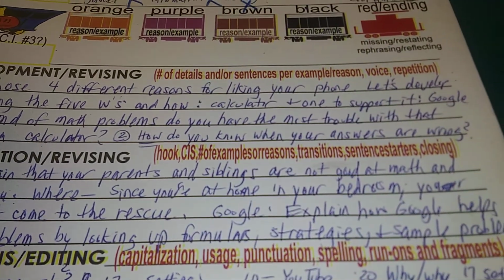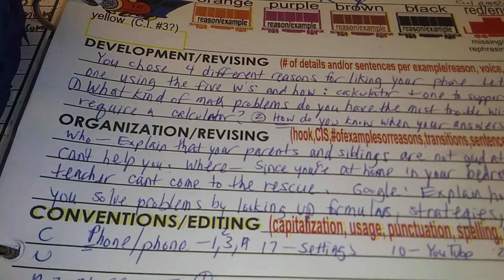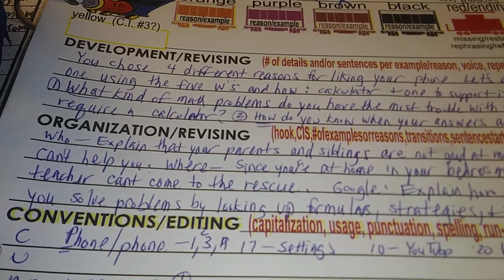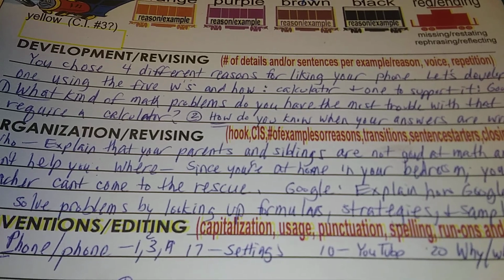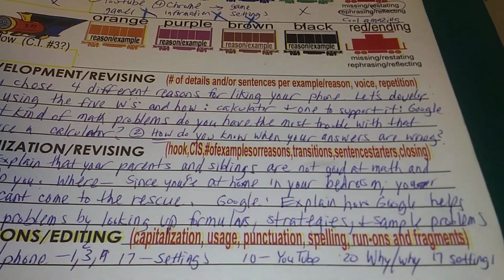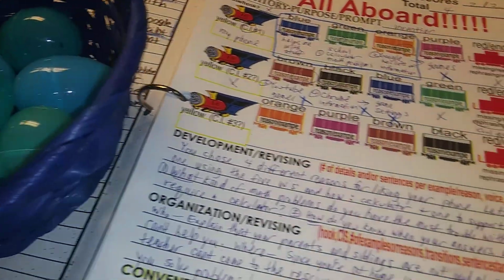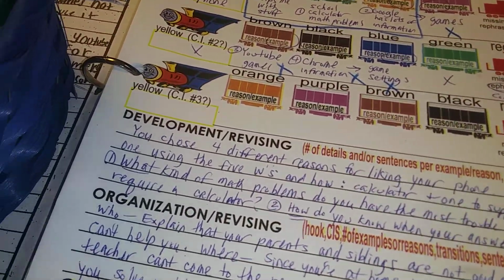Next, for the Google, explain how Google can replace your teacher, so to speak, and help you solve problems by looking up formulas, strategies, and sample problems. So what you can say to them is, okay, well, formulas, a little bit more green. Let me find another green one in here.